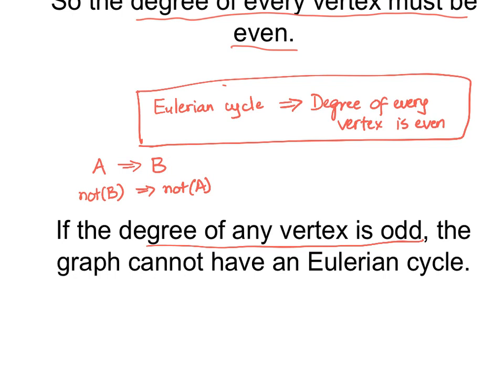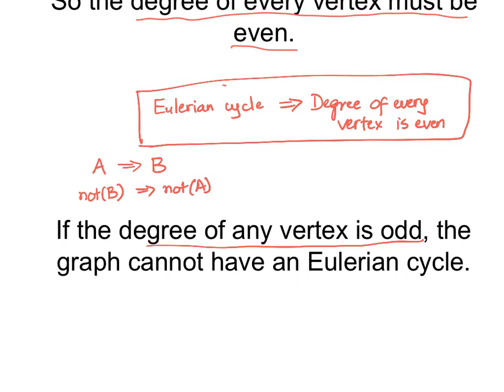And that's what we are doing here. We are saying if there is an Eulerian cycle in the graph, then the edges of the graph can be paired up so that every time we are entering an edge, we have an unused edge to exit along. So the degree of every vertex is even, right? The edges that are adjacent to any vertex can be paired up in that fashion.